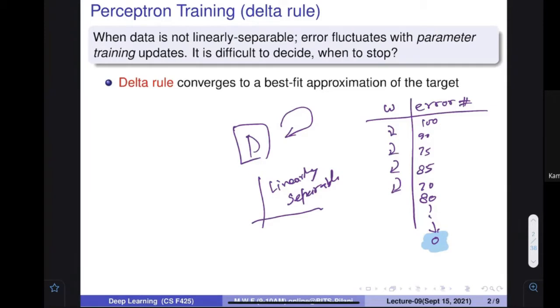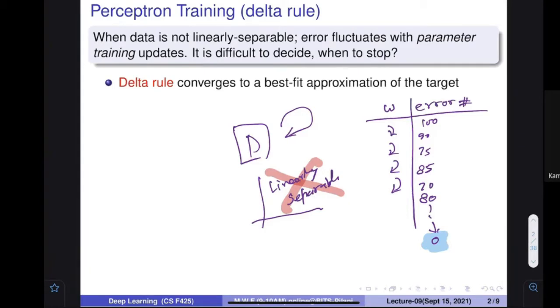But the number one problem is that the assumption that my data is linearly separable is not valid in most real life scenarios. Since we cannot make the error zero if the data is not linearly separable, there will definitely be some error, and we want to minimize it.